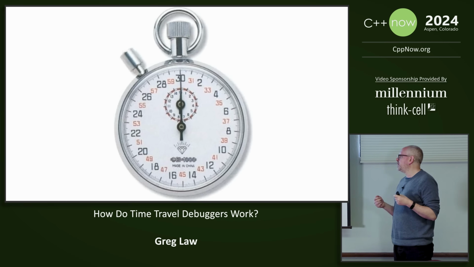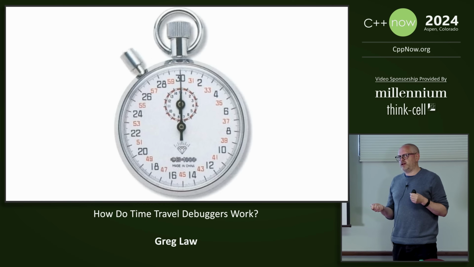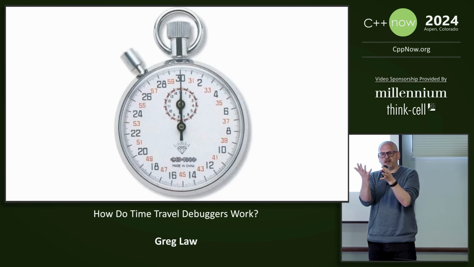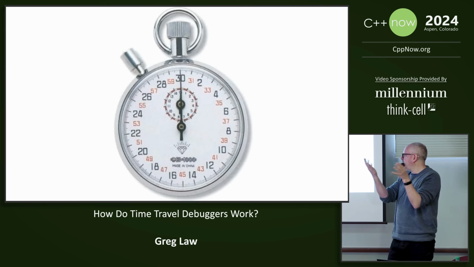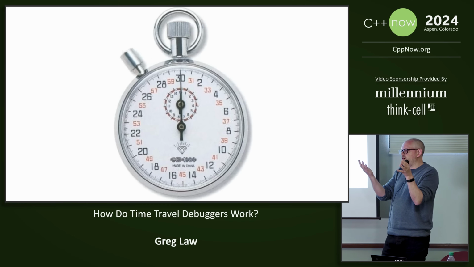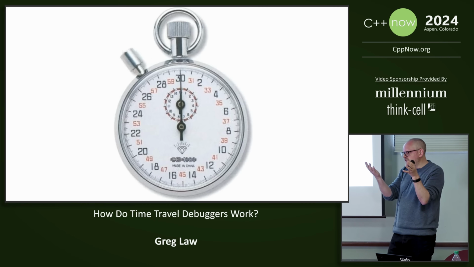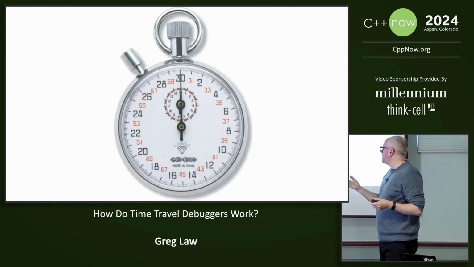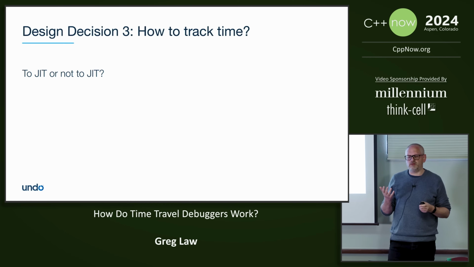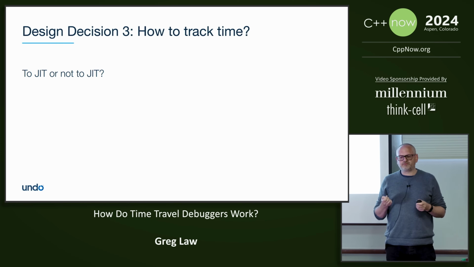In Undo, we use how many branches I have taken concatenated with what the program counter is. That gives me a unique notion of time. RR does something very similar. I think the Microsoft TTT is just how many instructions you've executed. Exactly. So you need some way to do that, and it's not as easy as you might think.